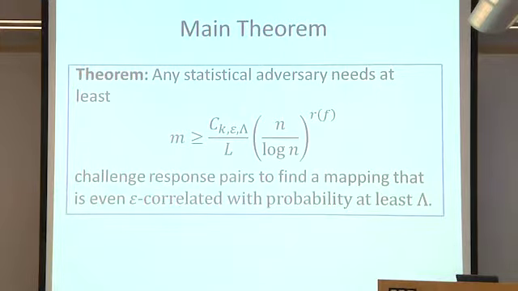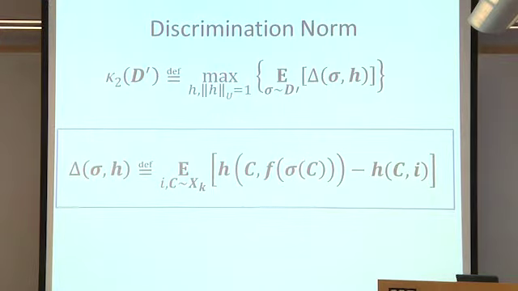And so the main result is that we need n to the r of f examples to actually find a secret mapping that's correlated with the secret mapping that the users memorized.